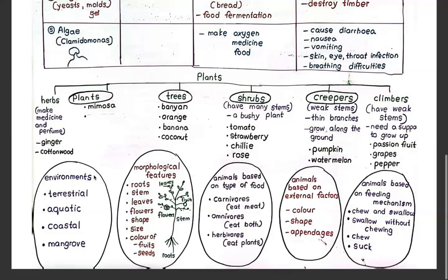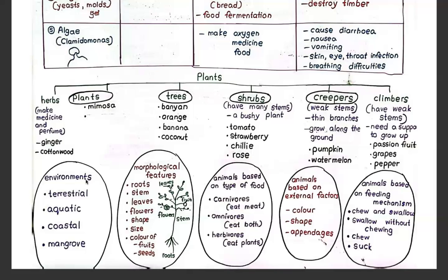Right. Then we have different types of environments when we consider about plants. When we consider plants, they grow in different environments. විවිධ පරිසරවල වැඩෙන පැලෑටි තියෙනවා.